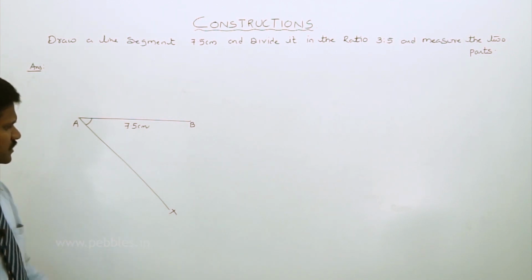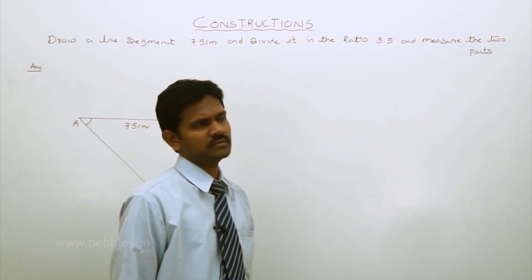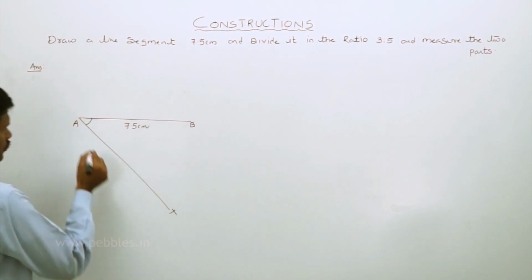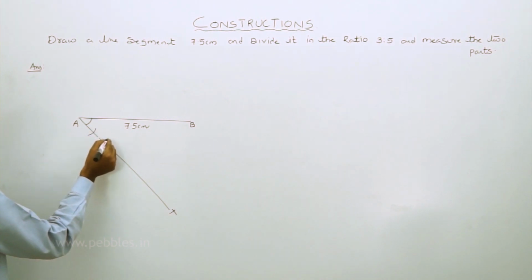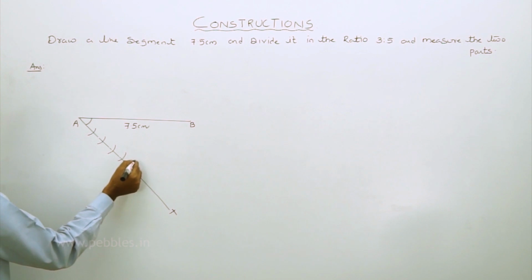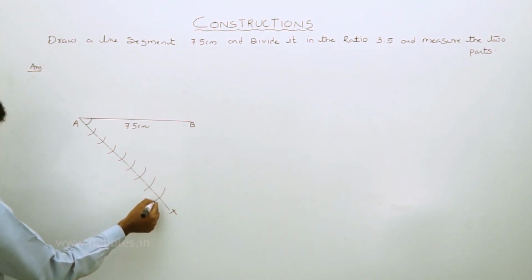Now divide AX into, our scale factor is 3:5, that is 3 plus 5, 8 parts. Now divide AX into 8 equal parts. 1, 2, 3, 4, 5, 6, 7, 8.